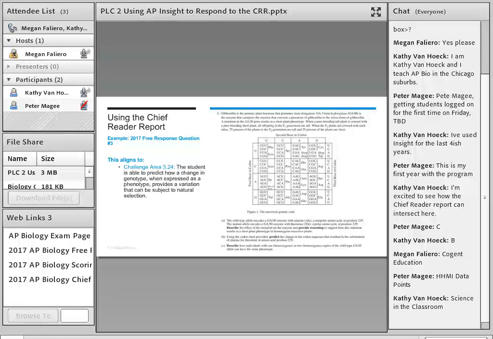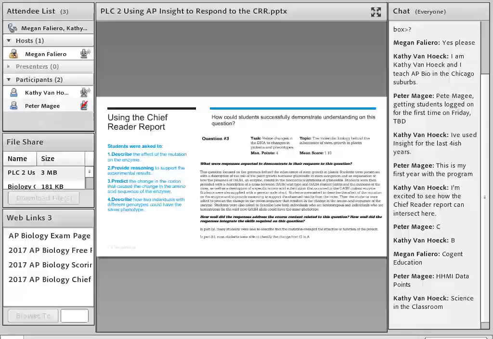There are 12 challenge areas in AP Insight, and these were specifically designed after a whole bunch of research, as in, okay, these are the 12 most challenging areas to teach and for students to learn, so for us to be able to get the message across and for students to pick it up. The fact that this question is a challenge area already says there are some misunderstandings. Students are not grasping this all the way. So there is a direct correlation right here with this question and challenge area 3.14.